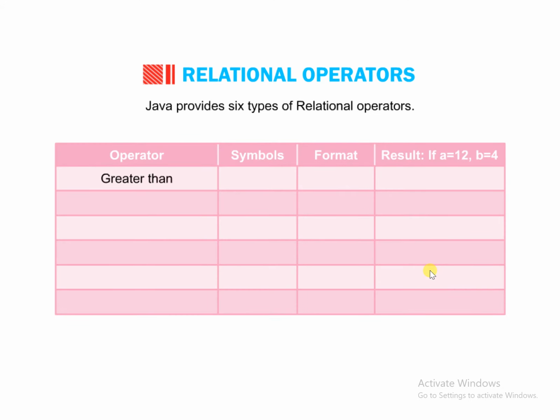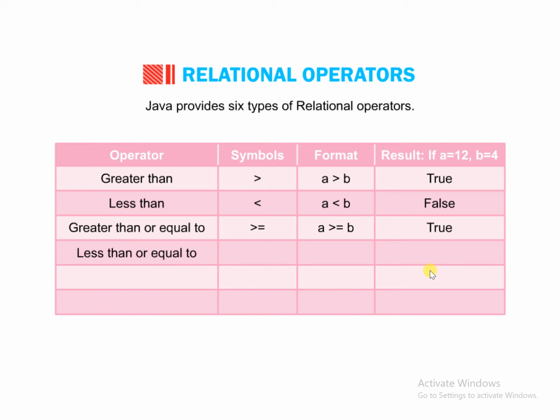Operator: greater than, symbol >, format A is greater than B. Result, if A is equal to 2, B is equal to 4: false. Less than, symbol <, A is less than B: true. Greater than or equal to, symbol >=, A is greater than or equal to B: false.